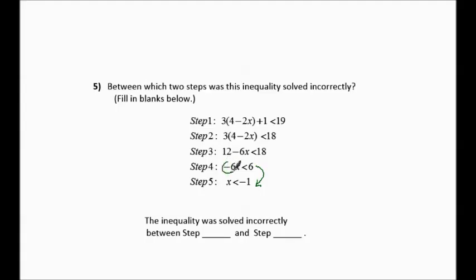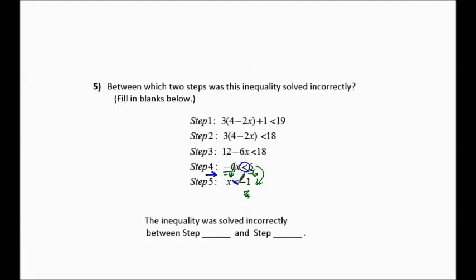They got rid of this negative 6. It's no longer there in the bottom step, so they must have divided by negative 6 to cancel it out. And 6 divided by negative 6 is a negative 1, but I think they forgot that when you divide by a negative, the inequality symbol should flip.